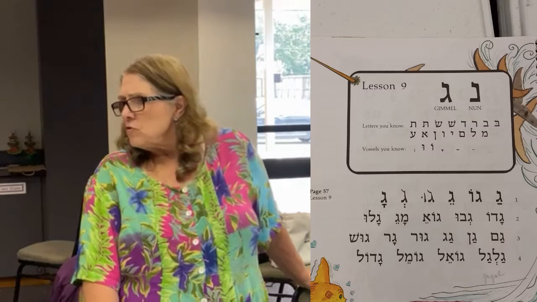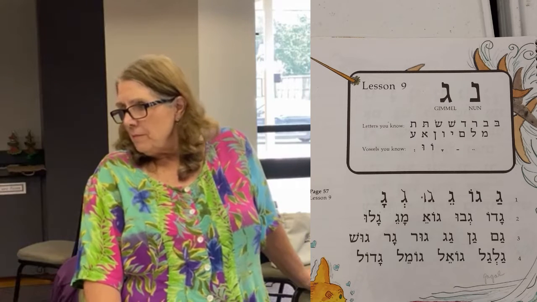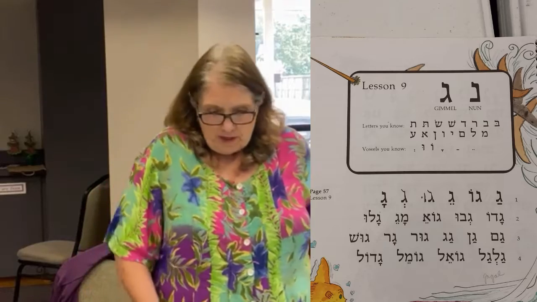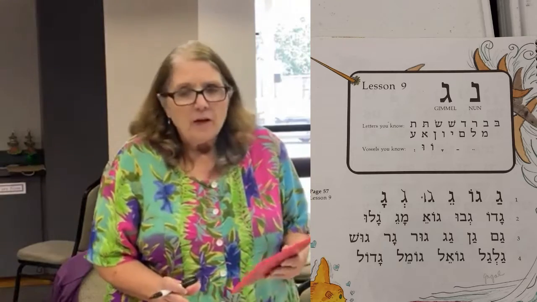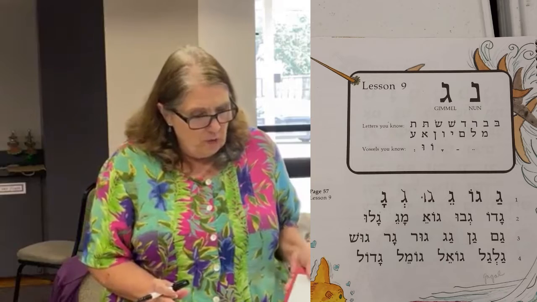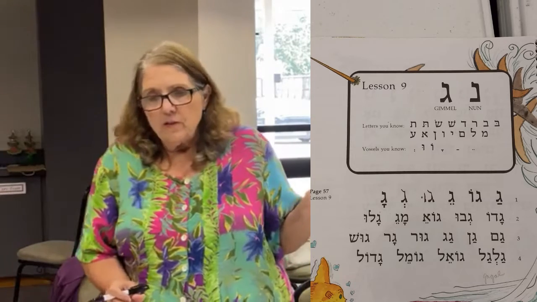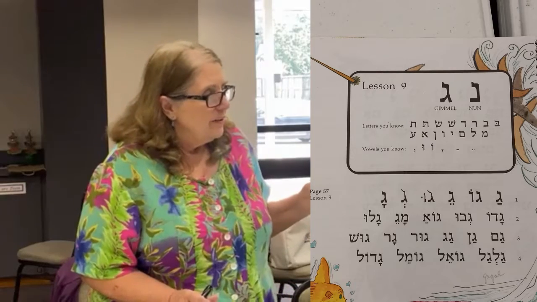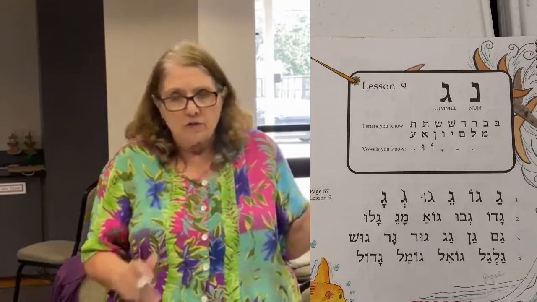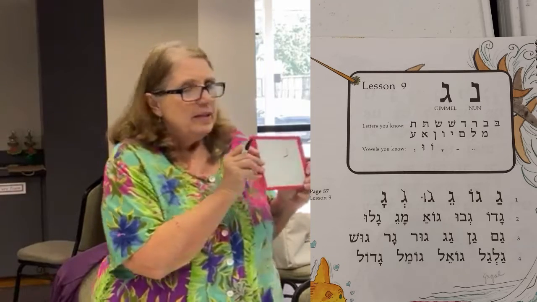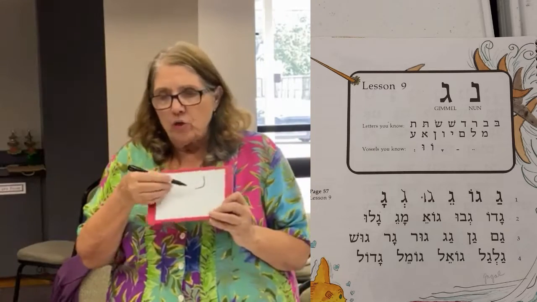Alright, guys, let's go. What did she say on the next one? Alright, today we're going to do noon and gimel. Noon looks just like the block, so it's kind of like a J, but you start at the top and you go down.